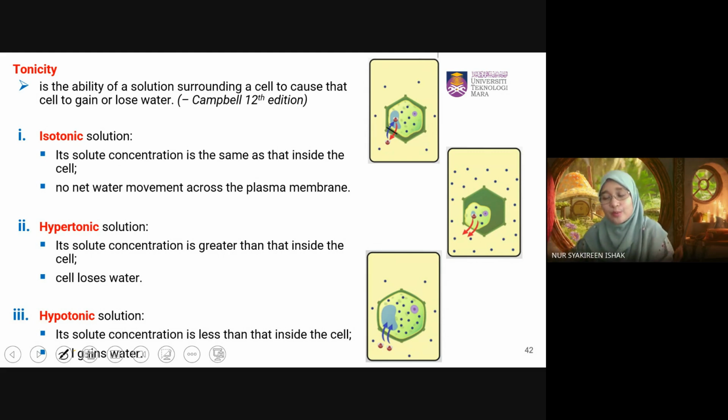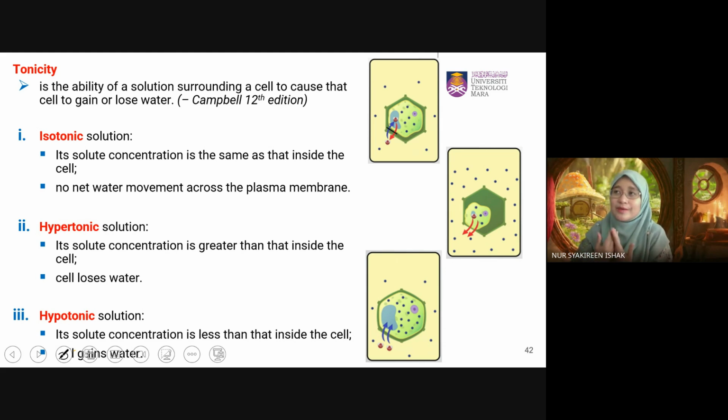All living things require water, right? So now you are going to understand the different types of solution surrounding that cell. The solution can be hypertonic, hypotonic, or isotonic. It depends on the type of cell.